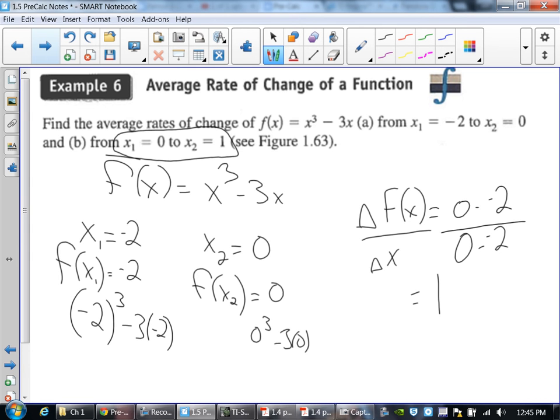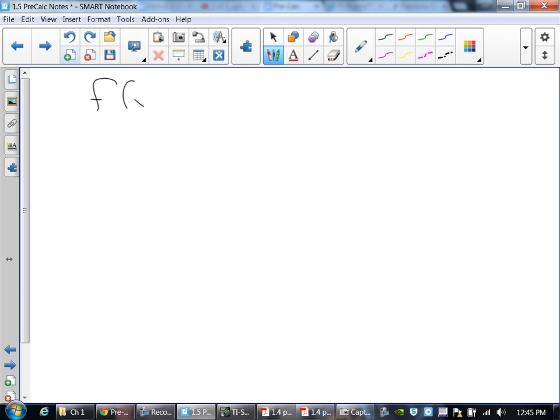If I do it again between 0 and 1, I go through the same process. F of x was x cubed minus 3x. So our x sub 1 was at 0, our x sub 2 was at 1. Well, we knew here f of x was 0. What's 1 cubed? 1. What's 1 minus 3?